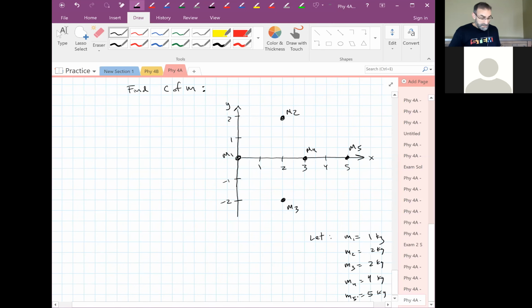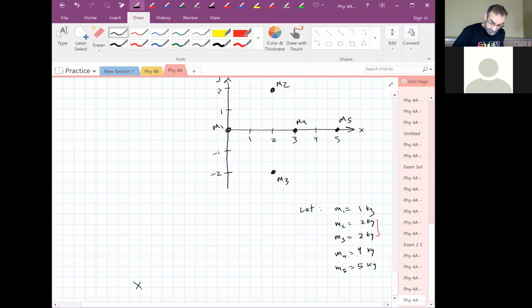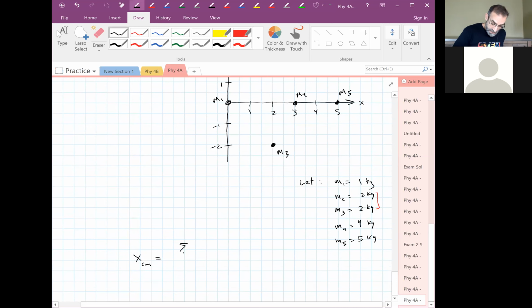Our formula for point masses is like doing a weighted average. We're taking the sum of all the masses multiplied by their positions and dividing by the total mass.